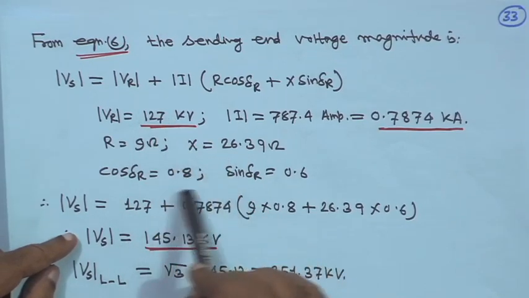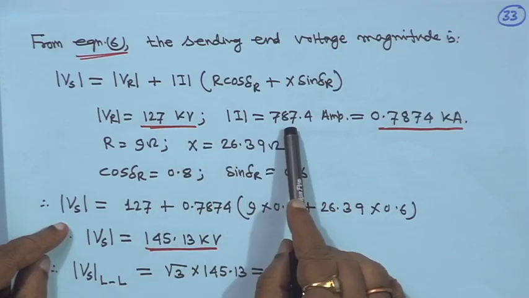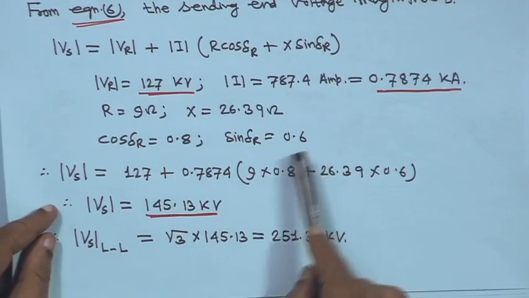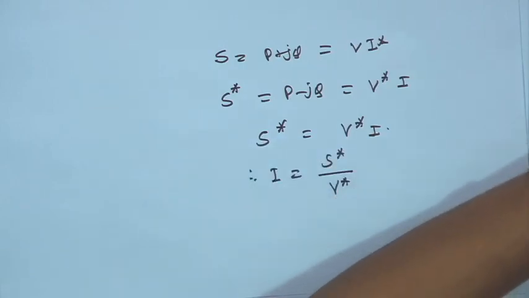The magnitude of Vr is given, magnitude of I is given, kilo ampere we have converted, R and X known, cosine known, sine known.